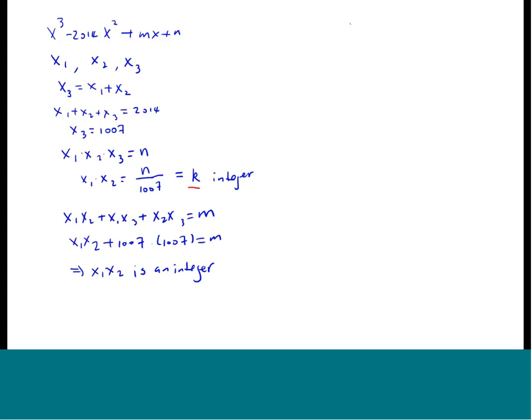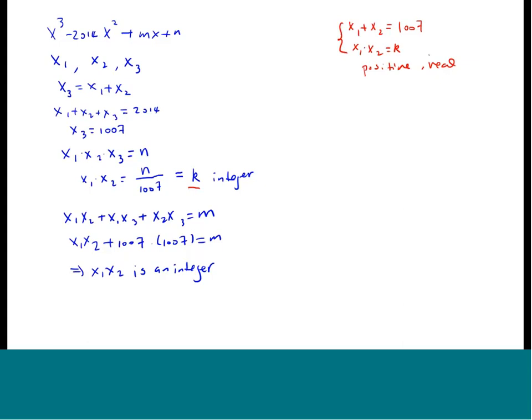So you have x1 plus x2 equals 1007, and x1 times x2 equals k. So how many possible k do you have? Then you have to satisfy some conditions. So x1, x2 have to be positive, and have to be real. What else? Nothing else?